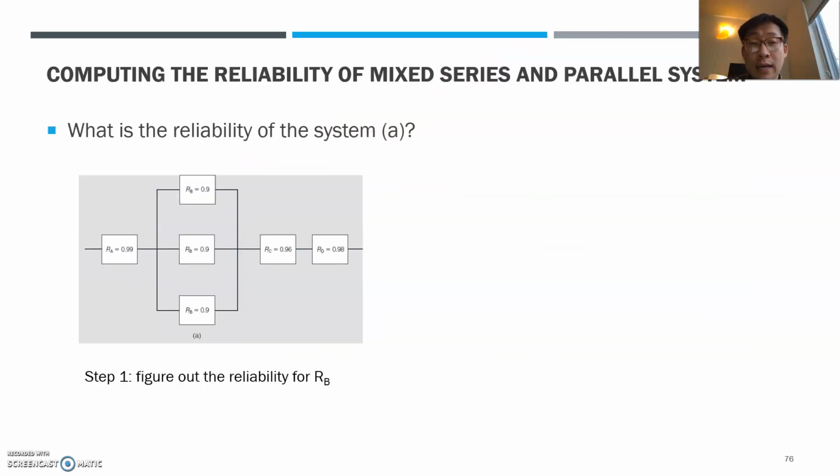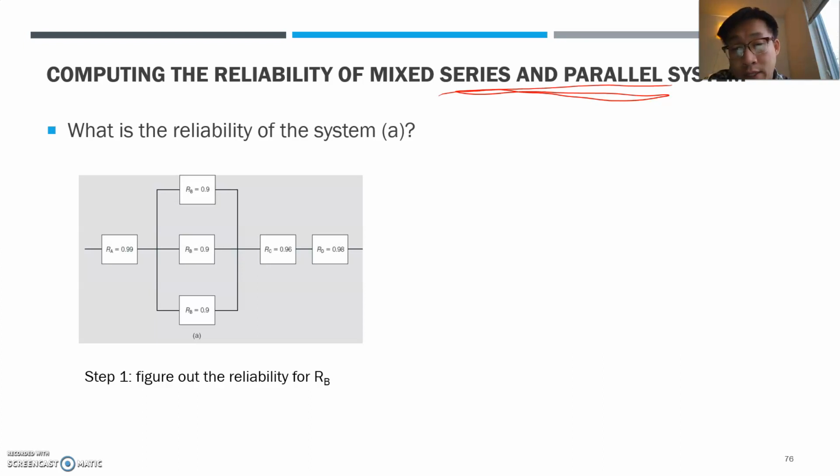Okay, so lastly, let's consider the reliability of a mixed series and parallel system. This is a mixed system that uses both series and parallel. I think a system, when you simplify it, will eventually become either parallel or series.